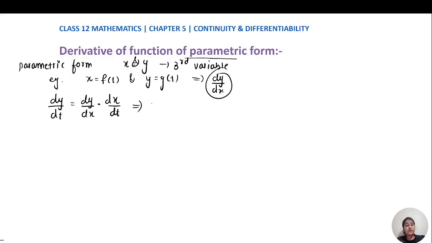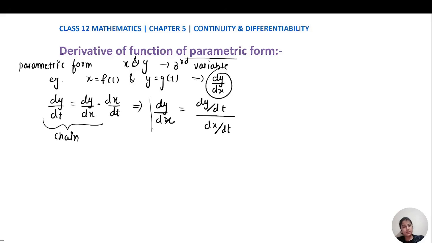This is just the chain rule. And now we are finding our required dy by dx. This will be nothing but dy by dt divided by dx by dt.